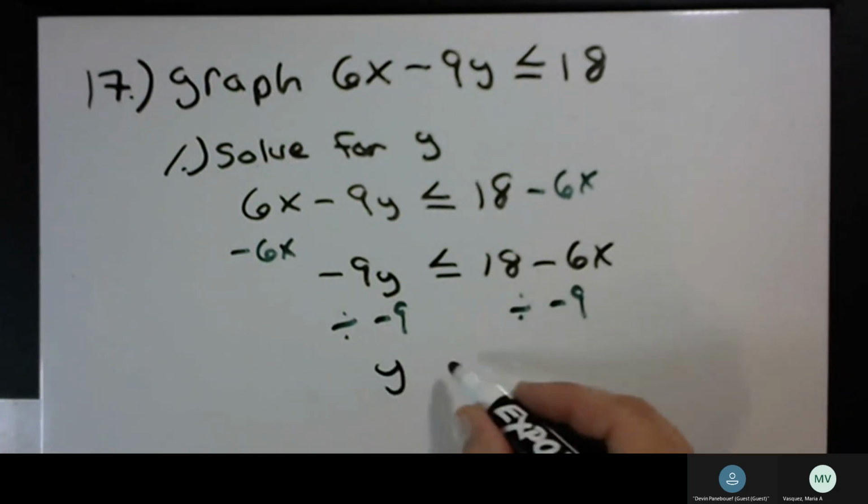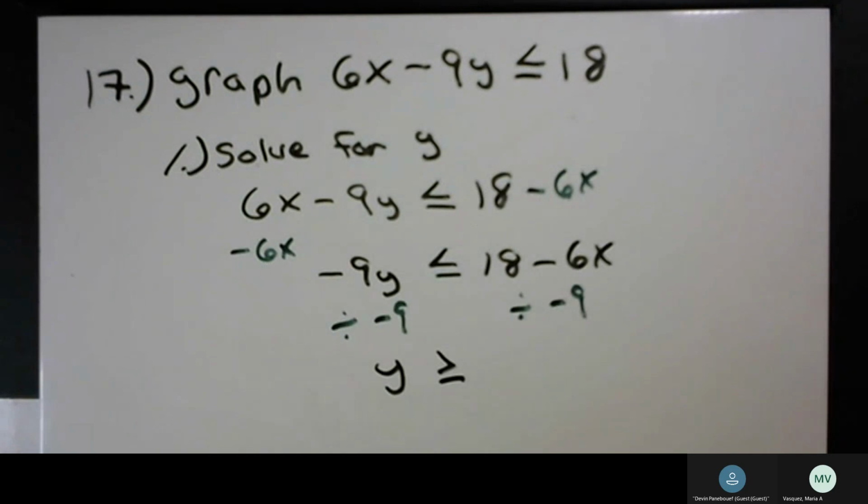Since we're dividing by a negative, it makes that swing around.